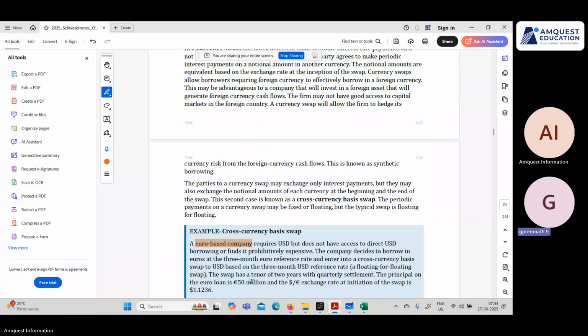That 50 million he exchanges with a swap dealer for 50 into 1.1236 dollars, so he receives that many dollars. Every quarter, the European company has to pay the USD reference rate, and the swap dealer pays the euro reference rate, possibly with a cut taken out of it.